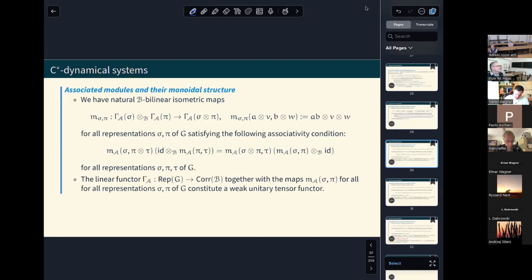All right. And then what you can show is that the functor which goes from the representation category of G into the correspondences over B, so each of these associated vector bundles is a correspondence, together with these multiplication maps for all representations, constitutes a so-called weak unitary tensor functor.